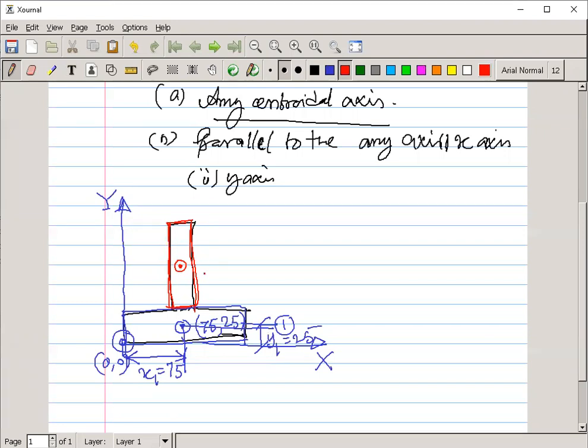So y2 is how much? 50, as this total is 100, and this x2 is how much? 25.